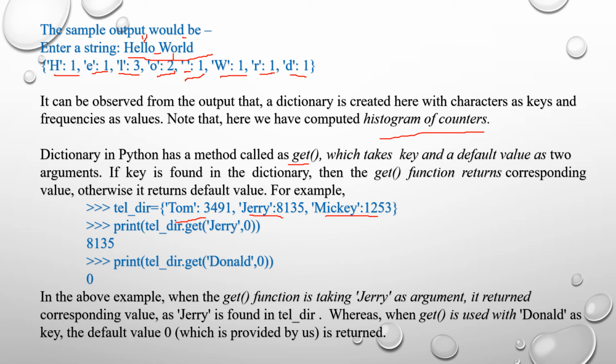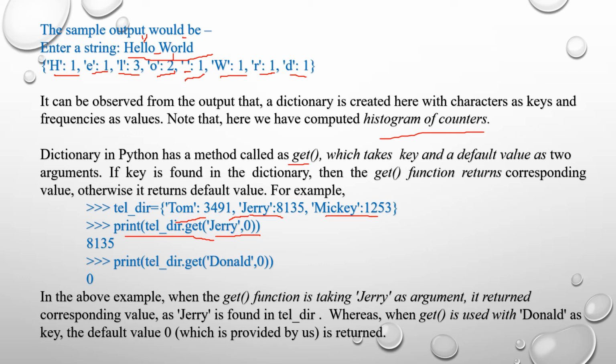If you print tel_dir, after that I am going to invoke the method get, dot get. Here I am passing the key, Jerry, and after that I am going to specify the 0 value. So this instruction is going to print the Jerry value.